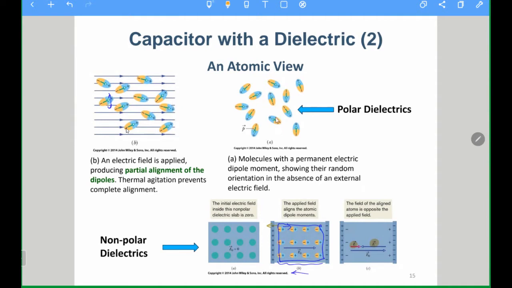But even if you are not chatting, you will take a seat and generally look in the whiteboard direction. And during the lecture, it is like you provide an E field to the dielectric, then all the students should be looking at the screen or the whiteboard. It is similar to the dielectric.